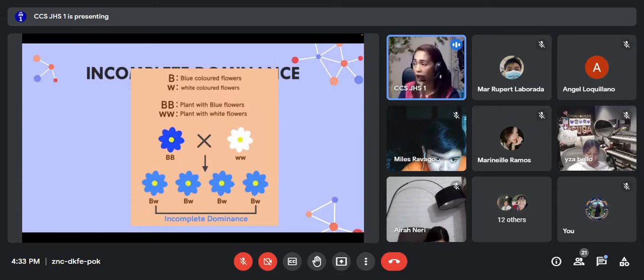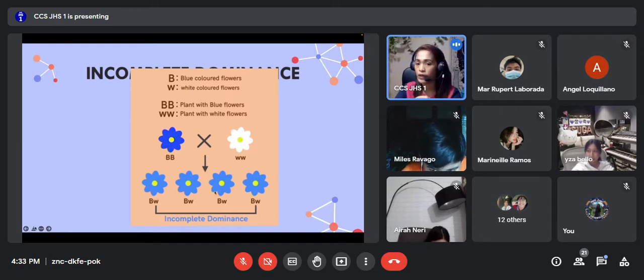But if the genotype now is a heterozygous, a combination of two letters, B and W, it is now the third option, which is neither true blue nor pure white. It is a combination. So I hope it's clear on your screen, the difference.